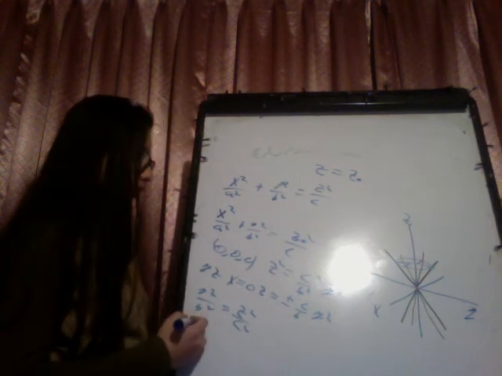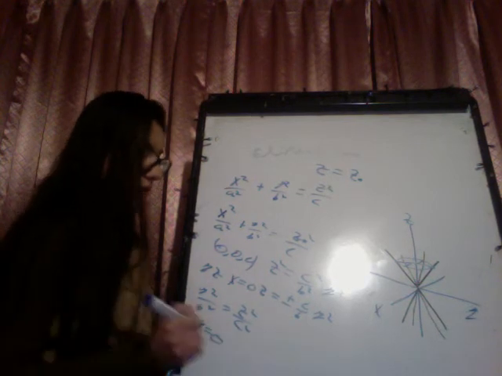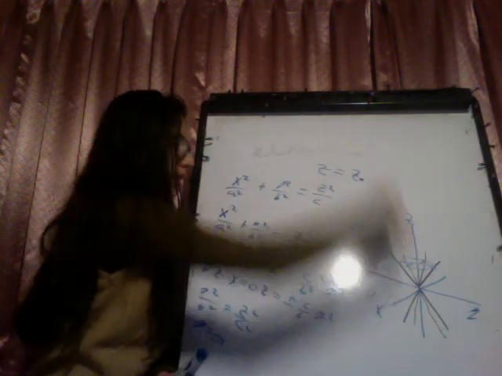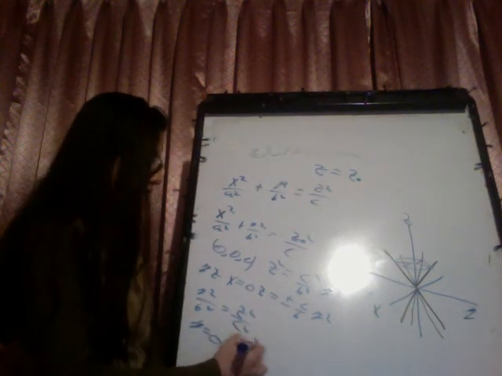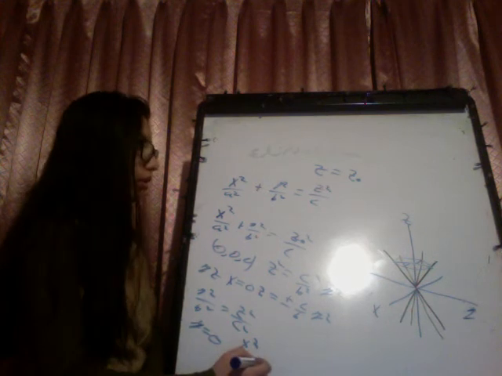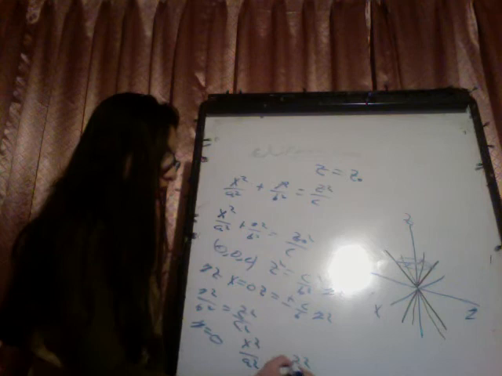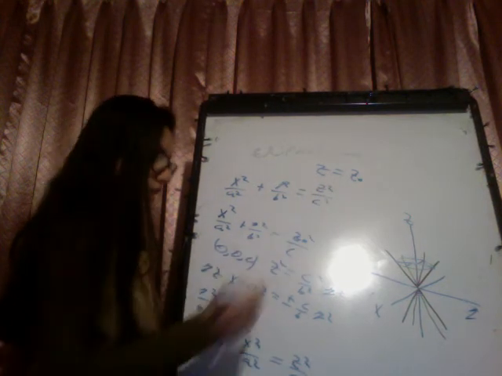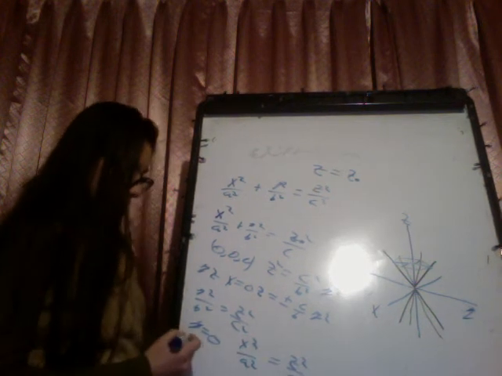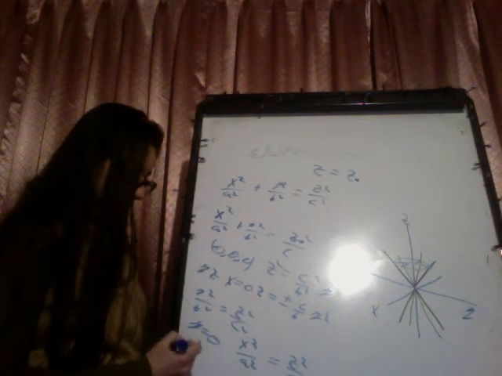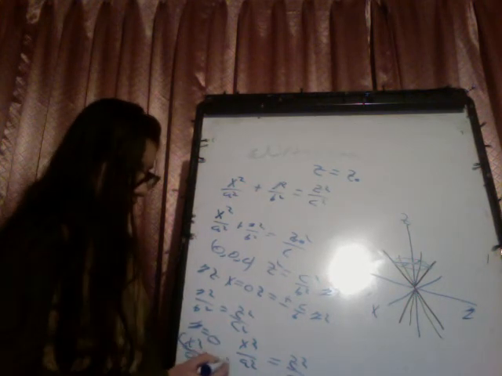Next, if you now do a cross section in the y equals 0 plane, so it would be in the xz plane, you have x squared divided by a squared plus 0 equals z squared divided by c squared. And so, solving for z, you have x squared divided by a squared times c squared equals z squared.